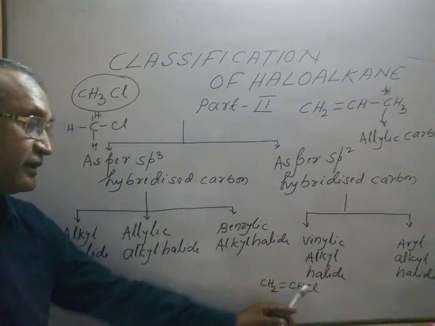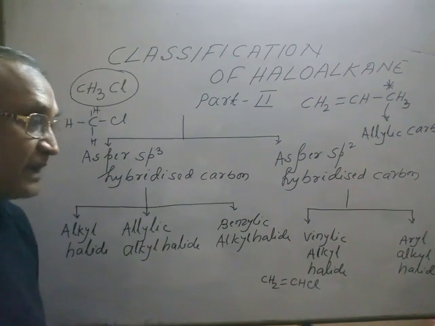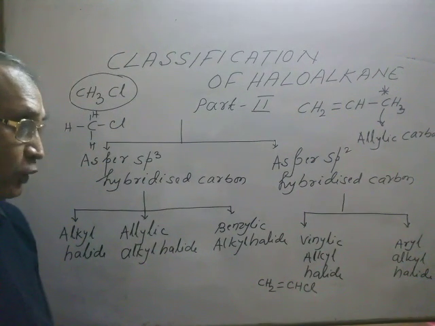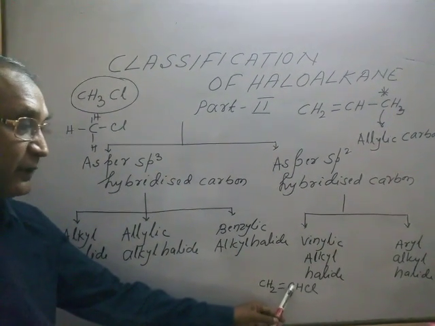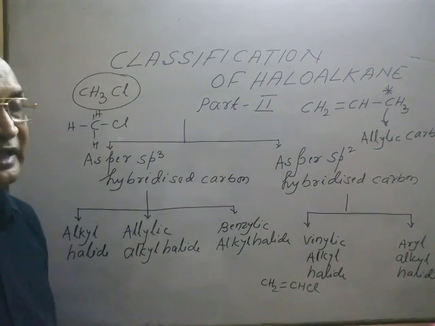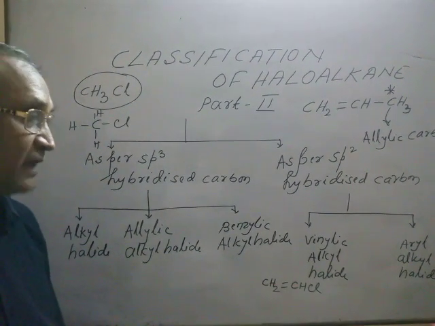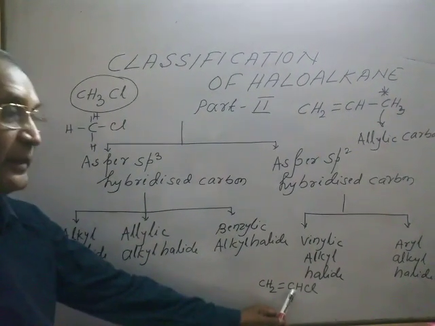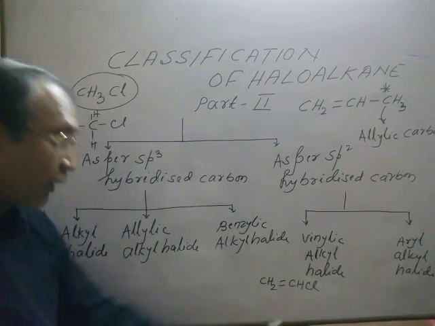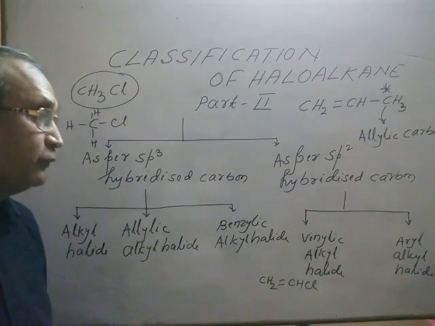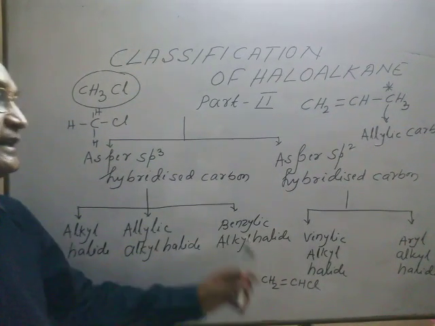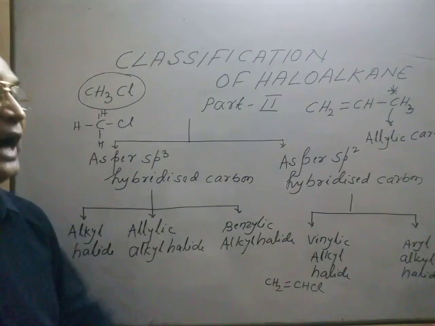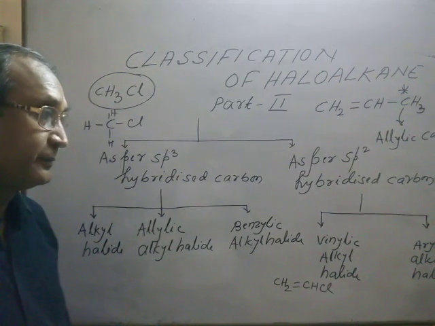For that, this type of alkyl halide is vinylic alkyl halide. If you see the hybridization of this carbon, it is sp2 hybridized. For that, this type of alkyl halide is vinylic alkyl halide, and it is under sp2 hybridized alkyl halide.